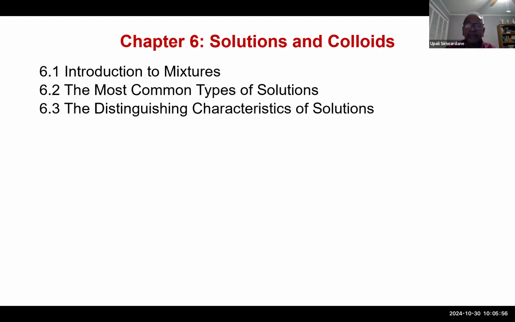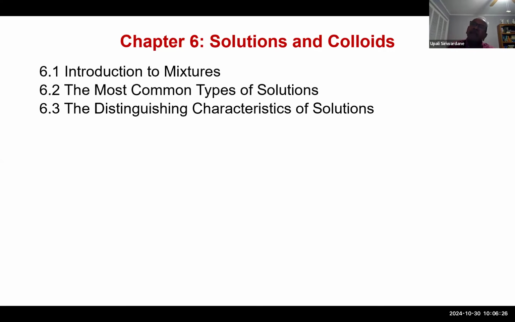There are some distinguishing characteristics of a homogeneous mixture. For example, a solution is a truly homogeneous mixture because true solutions are normal solutions that we find in nature.